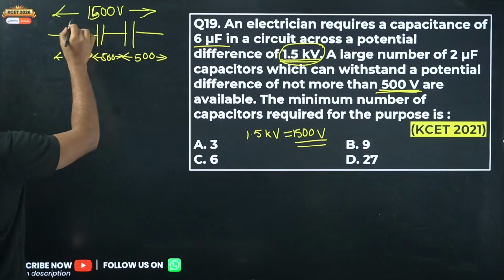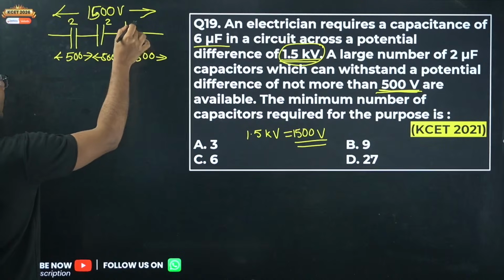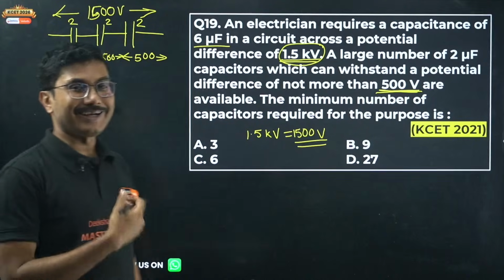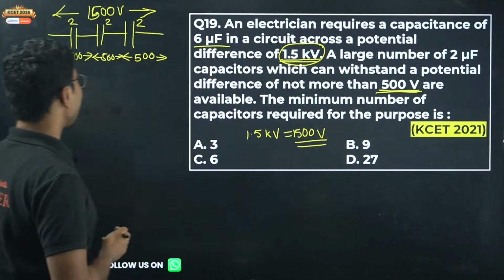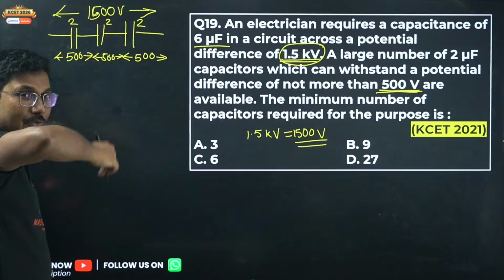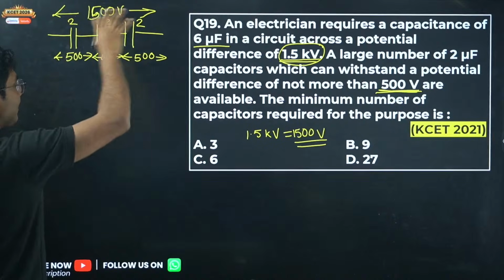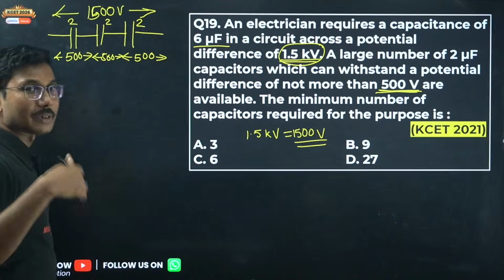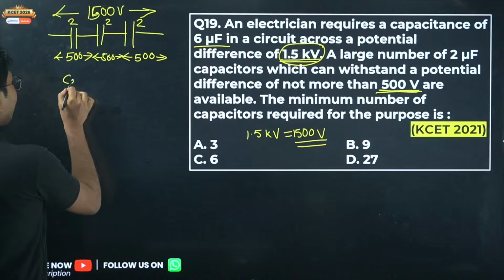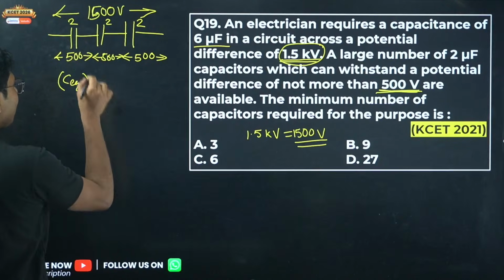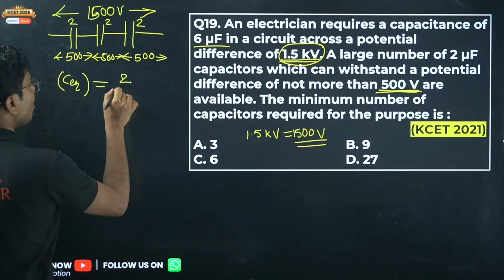Each of these capacitors is 2 microfarad, connected in series. What will be the equivalent capacitance? 1 by C1 plus 1 by C2 plus 1 by C3. Each of them is the same, so 1 by C plus 1 by C plus 1 by C. So you will get the equivalent capacitance of this combination as 2/3 microfarad.